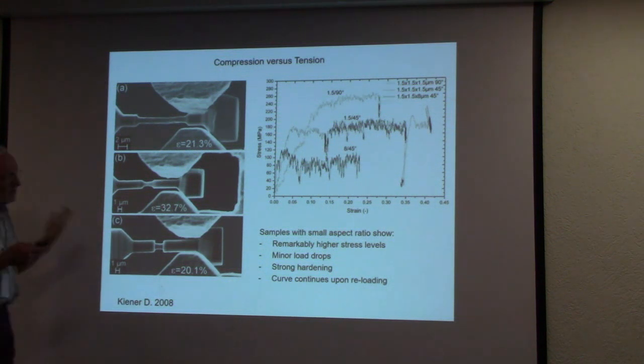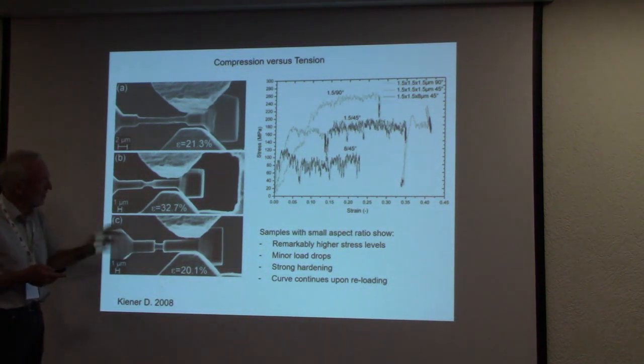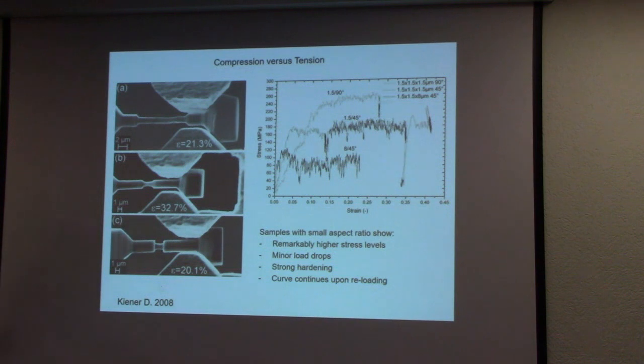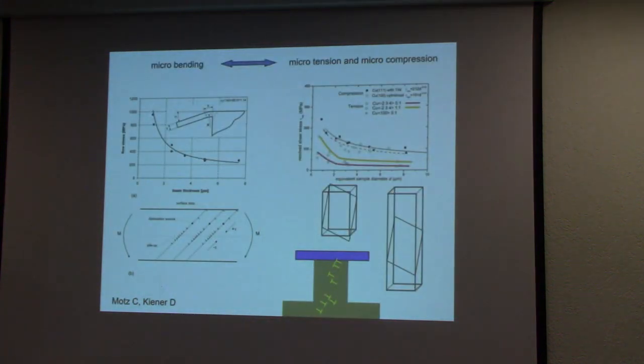It is not so surprising, because here we have dimensions that are the typical distances where dislocations move, yes? And therefore it is not so surprising that the yield stress changes over such a distance. And here I have tried to summarize what we have done.